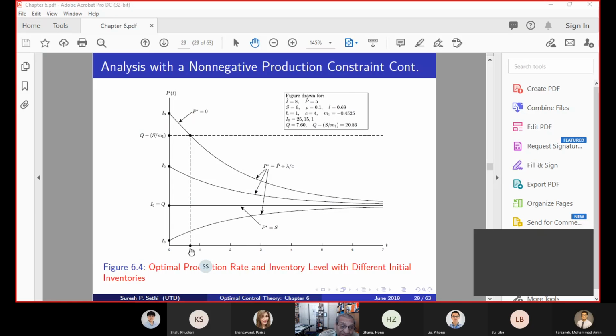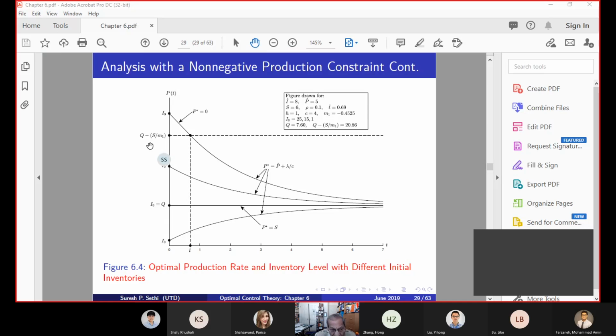And I can easily compute the t hat. It is simply I0 minus this, divided by S. That's the amount of time it will take me to deplete that much inventory so that my inventory becomes this. So at t hat, I have exactly the inventory Q minus S by M1.